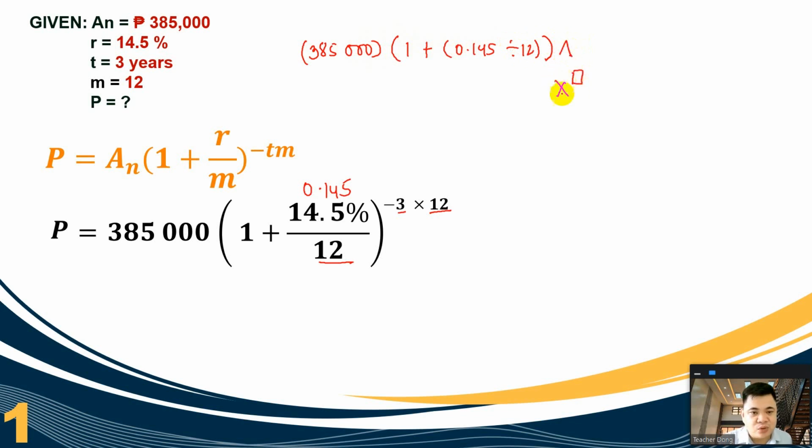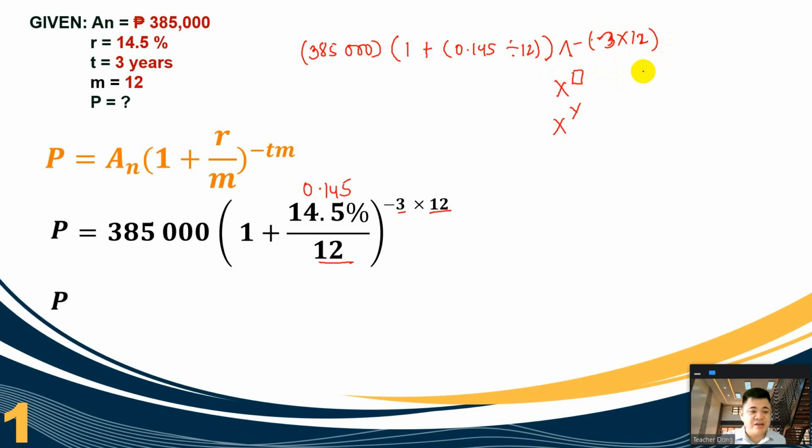Some other calculators show it like this. Raised to the power of open parenthesis, negative 3 times 12. We have to put the negative outside. Right? Just follow this, and then let's see what answer you get. If there is a decimal, just round it off to the nearest 2 decimal places. Okay?